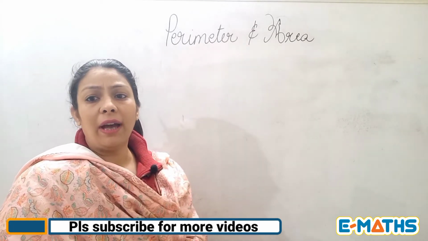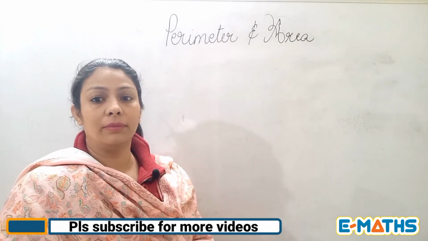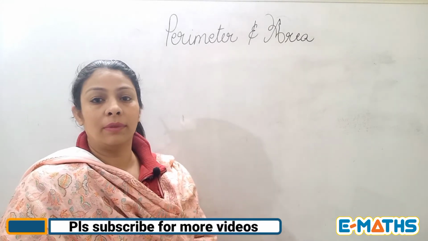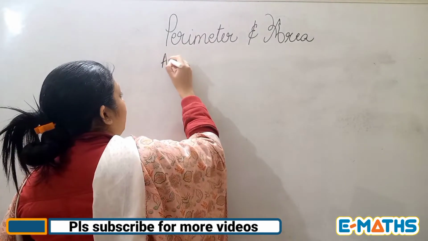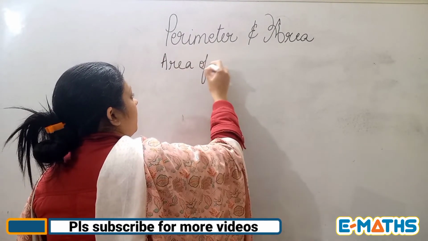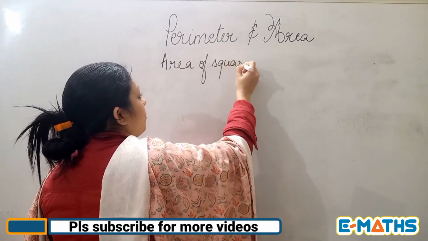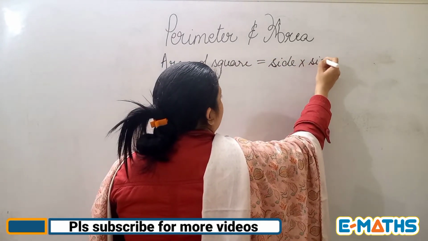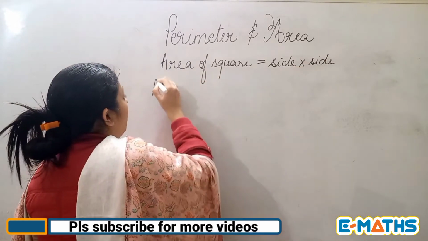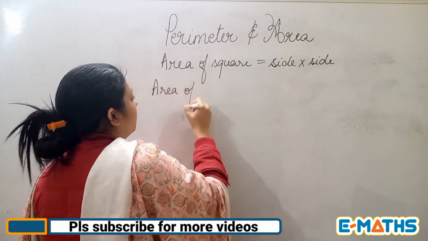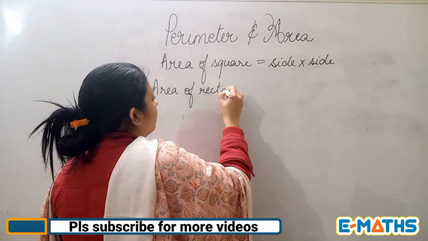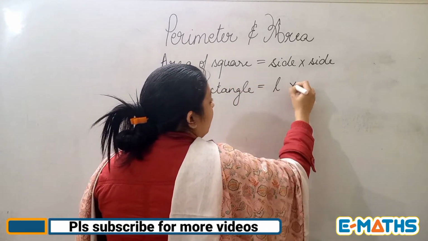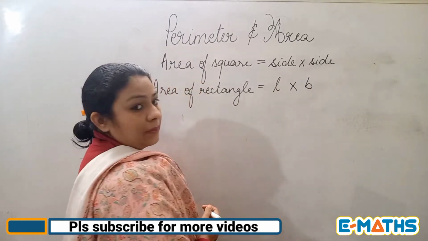So for area, we have different formulas for different figures. Like if we talk about the area of a square, since we have equal sides in a square, we have only side into side as the formula. When we talk about area of rectangle, then area of rectangle is length into breadth.